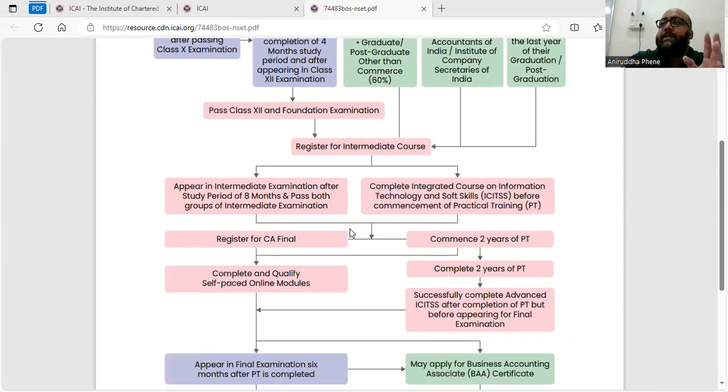The third major change is that after clearing intermediate, practical training, and those online self-paced modules, you can apply for a BAA certificate. So you get a degree called Business Accounting Associate. So these are three major changes. And the other changes are basically that the subjects in intermediate earlier were 8, now they are reduced to 6. Similarly, in the final exam, there were 8 subjects, now they are reduced to 6.